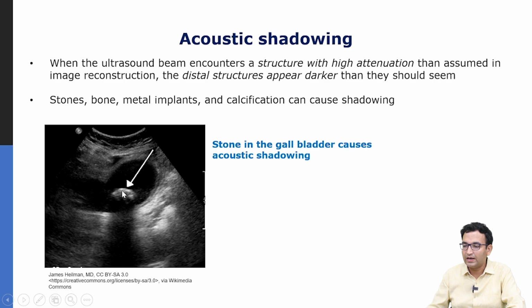Now this stone is actually reflecting back most of the sound. So, in the distal region you get this dark hypoechoic region which is called shadowing. Structures such as stones, bones, metal implants, calcification, etc. in the tissue can cause shadowing.